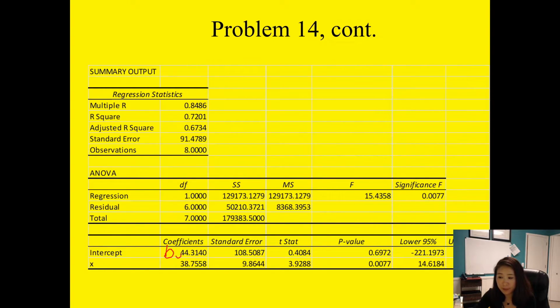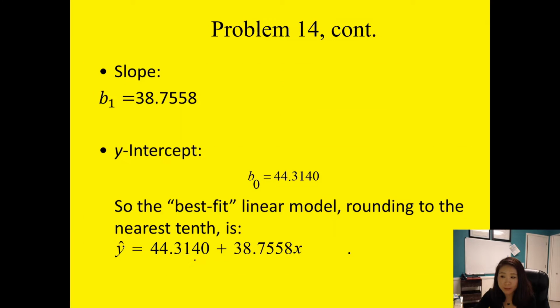So B0 equals 44.3140. And the one under B0 is where you'll find the value for your slope, B1, 38.7558. So you'll find B0 and B1, the 2 parameters you try to estimate.